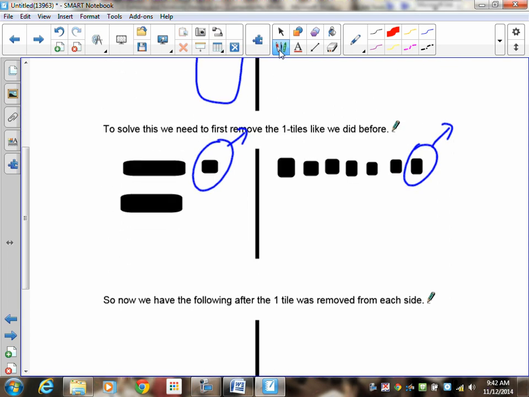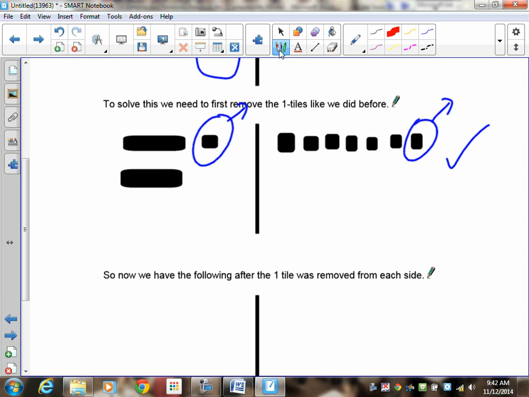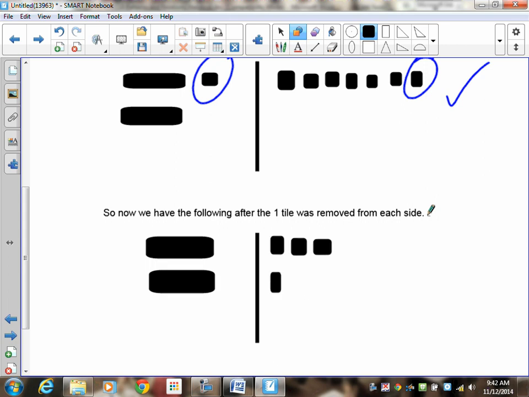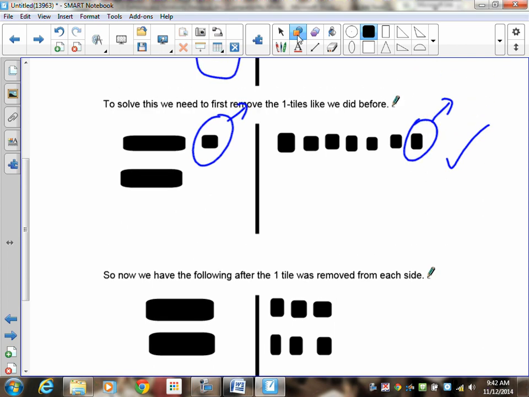And did you actually remove 1 from each side so that you have only left the 2x and the 6? Now, I'm going to save myself some work. 2x equals 6 there. So you've gotten rid of 1 from each side here.